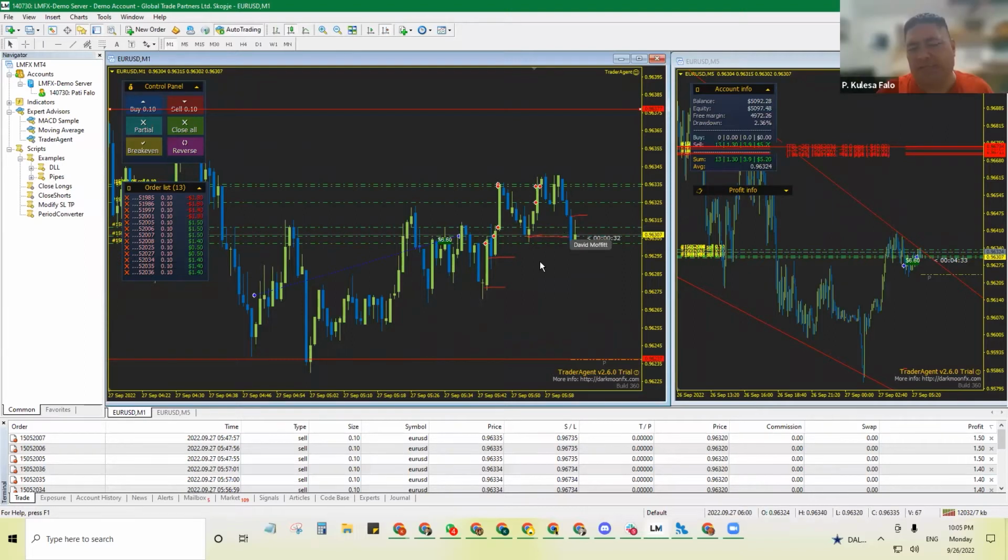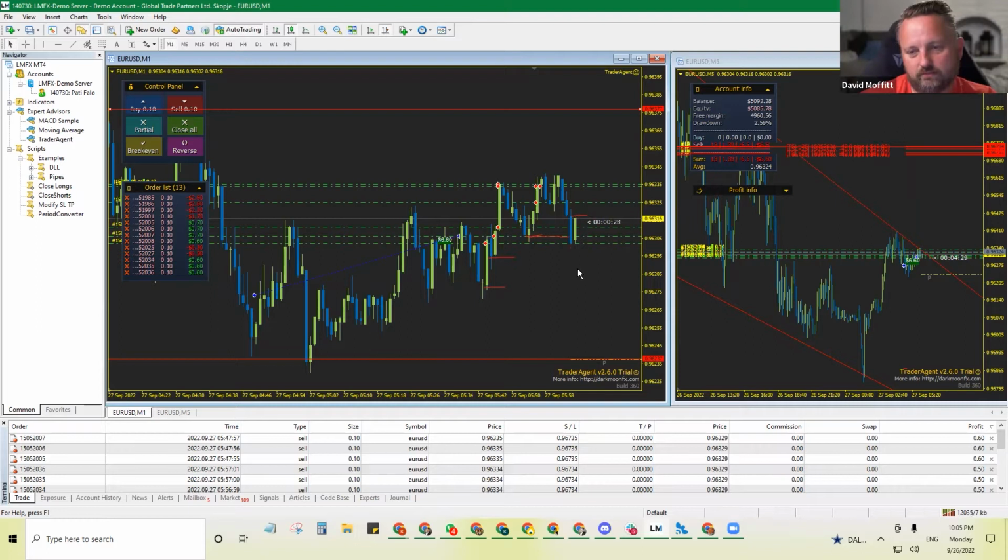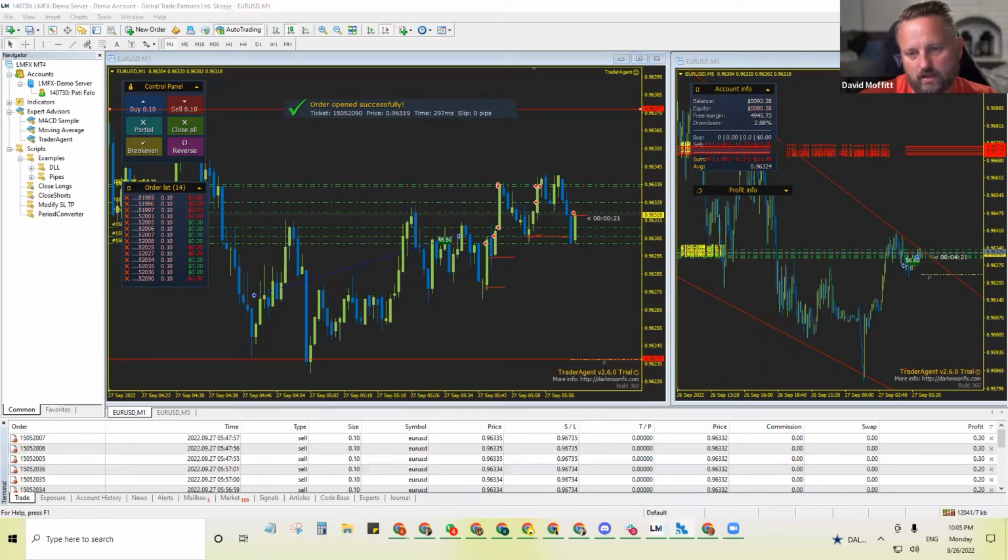Would you put in more buys here or just wait? I mean, sells. Yeah, I'd probably throw a sell on right now, only because we're really early in that candle, and I don't think it's going to give us a false break. It could, but I'm going to go ahead and throw another one on.